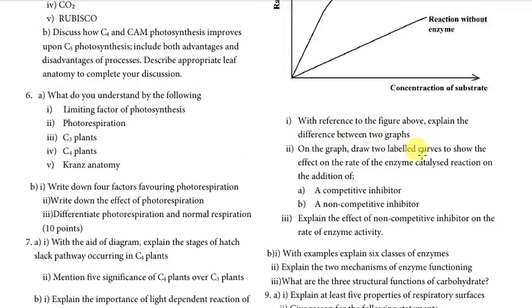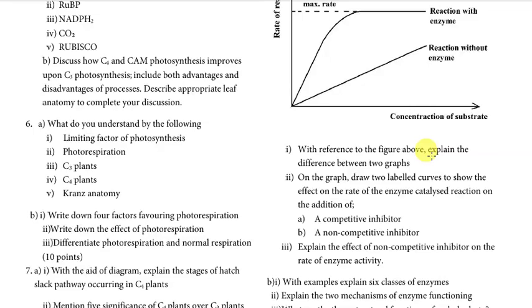On the graph, draw two labelled curves to show the effect on the rate of the enzyme catalysed reaction of the addition of a competitive inhibitor. If we add a competitive inhibitor, what will happen? And B, if we add a non-competitive inhibitor.